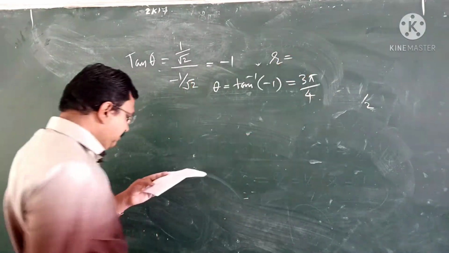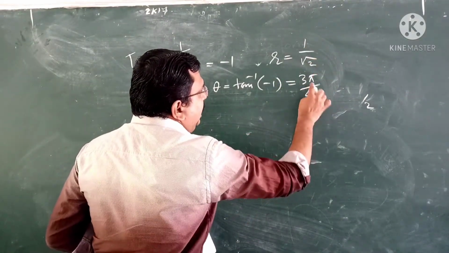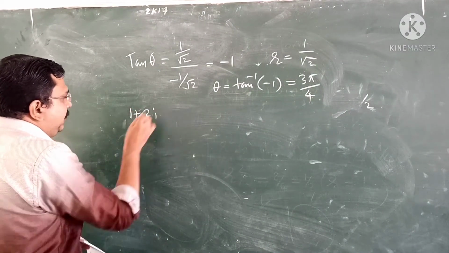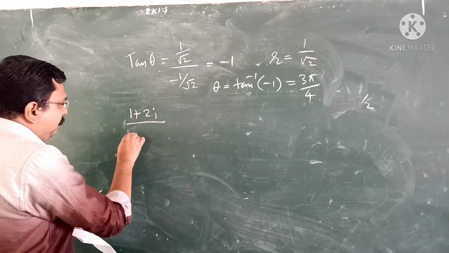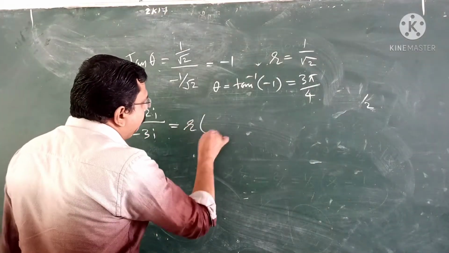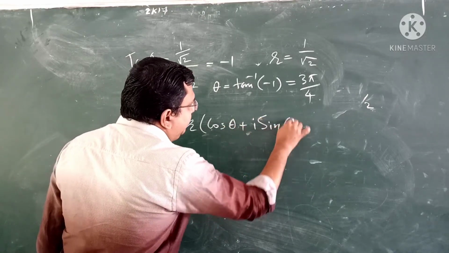We know that what is the value of r? R is 1 by root 2 and theta is 3 pi by 4. Therefore, 1 plus 2i divided by 1 minus 3i equal to r into cos theta plus i sin theta.